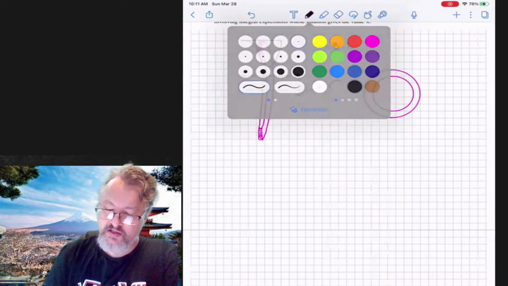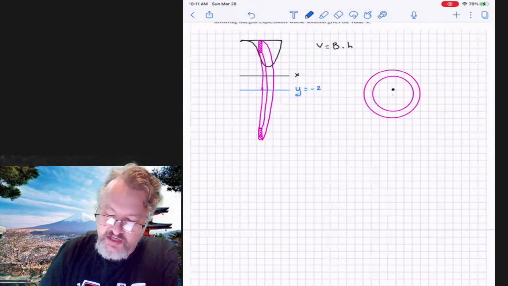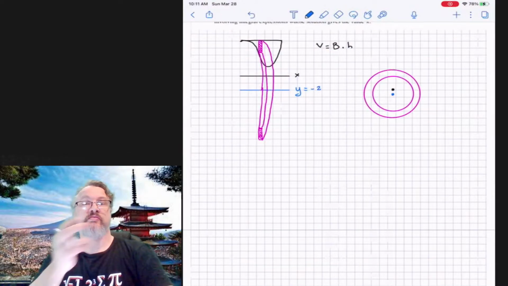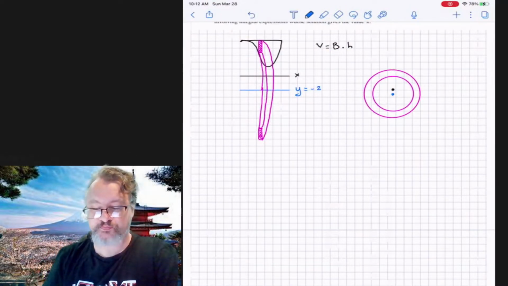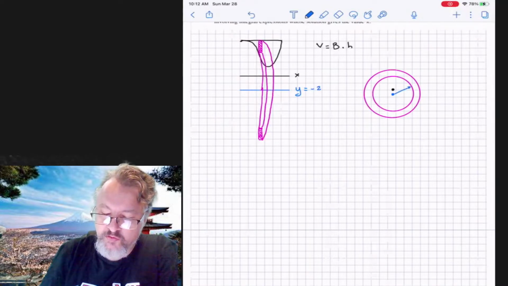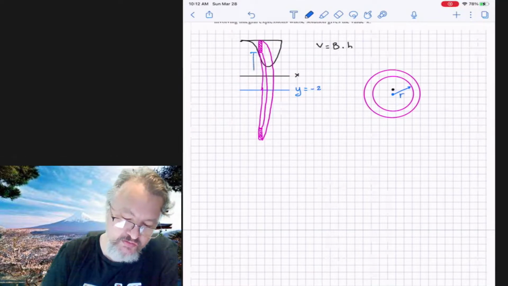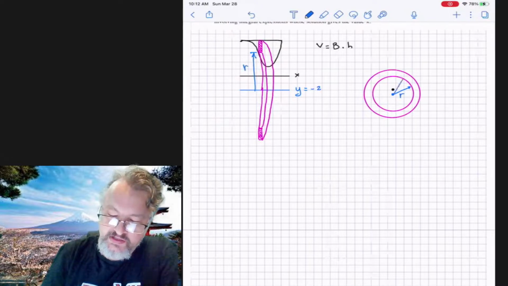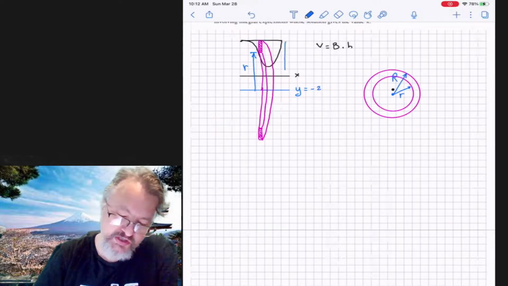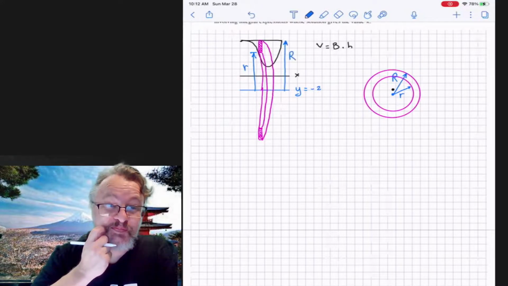This will be the x-axis over here, and over there I would have, coming straight out of the screen, y equal -2. And so this distance right here will be labeled as lowercase r, and this distance right here will be my uppercase R, which is essentially this one right here.